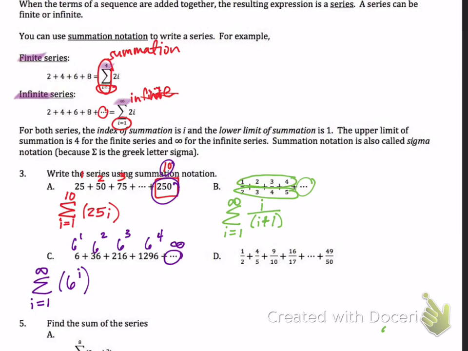Okay, part D. Is it infinite or finite? Finite, so I'm going to put i equals 1 at the bottom, and I don't know how many terms yet. We're going to look at the numerator and then the denominator. So what is happening to the top? 1, 4, 9, 16.